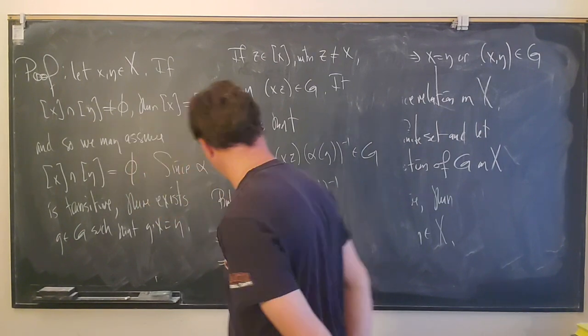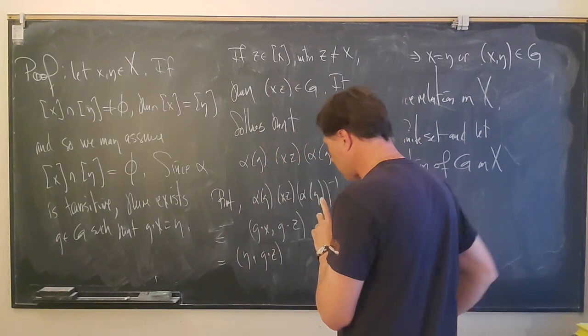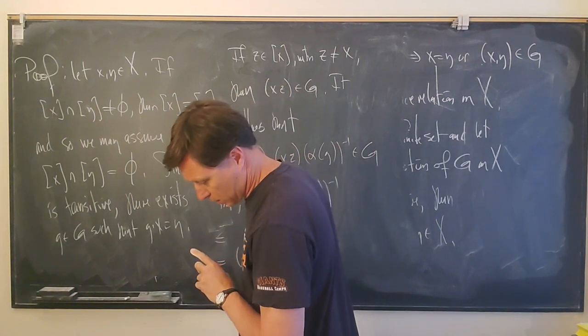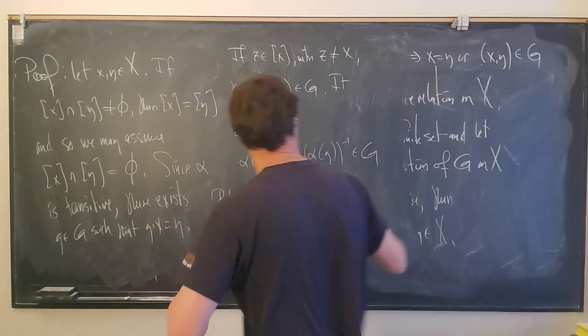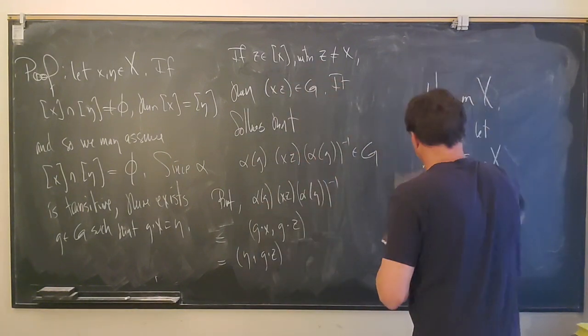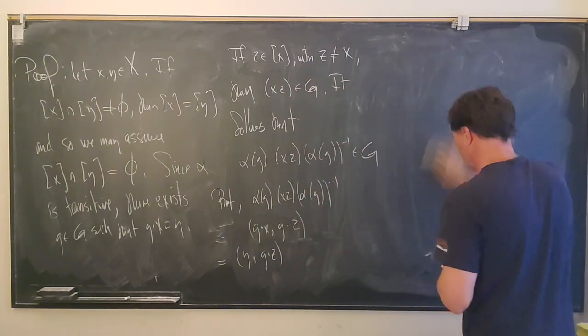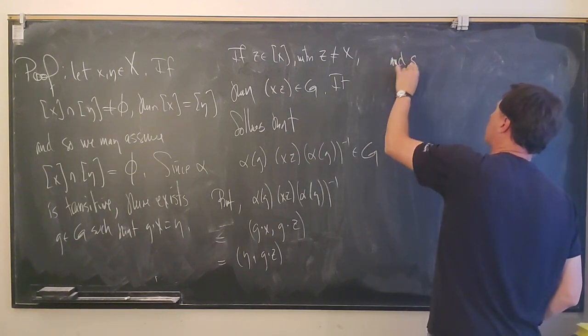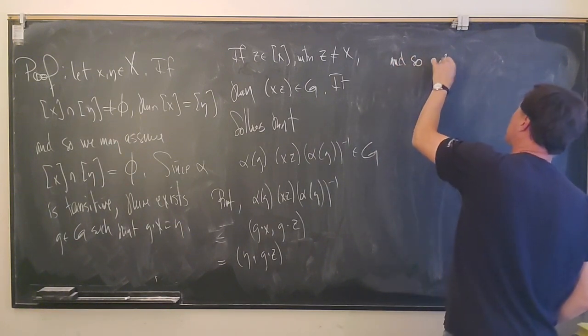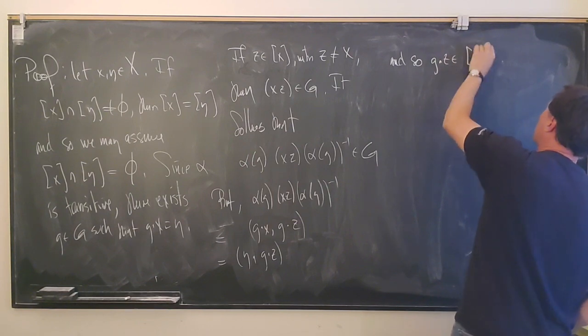Oh, right, okay. So this tells us that g dot z is an element of the equivalence class of y.